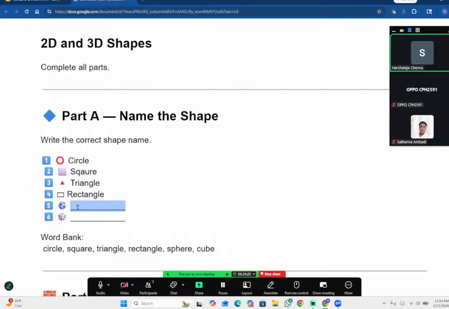So this has no corners, no sides, and can roll like a ball. So this would be a sphere. Last one.